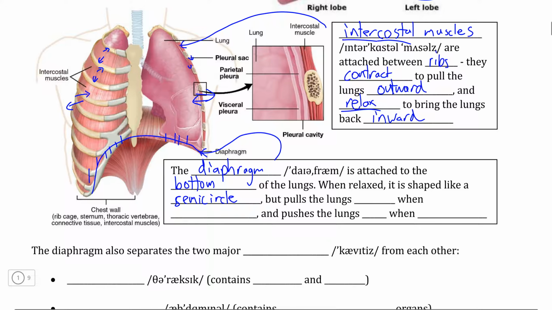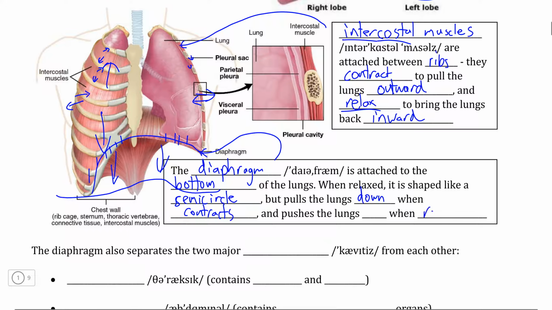So when the diaphragm is in the relaxed position, it has this semicircular position, but when the diaphragm contracts during the inhale, it is pulled down and flattens out to a structure like this, which causes the lungs to be pulled down. Now, as the lungs are pulled down, this expands their vertical volume, allowing the lungs to accommodate more air.